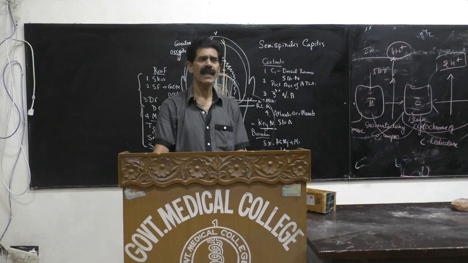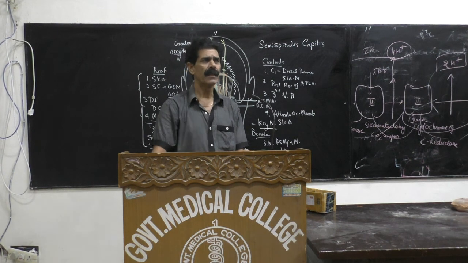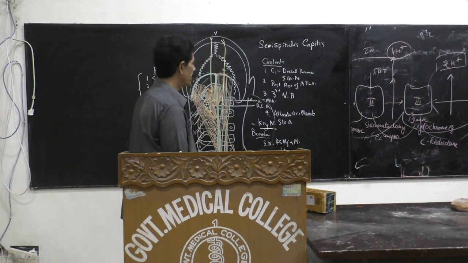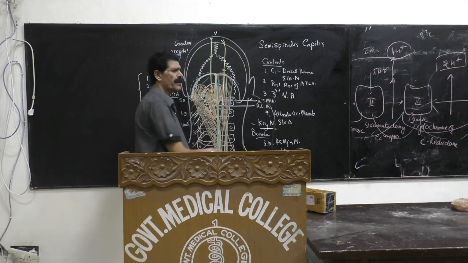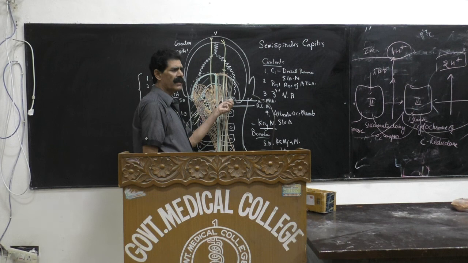So the preferable site is the suboccipital triangle. Here a long needle is taken, and we just go through the roof of the suboccipital triangle and puncture the atlanto-occipital membrane, and from there we collect the CSF sample for testing in children.